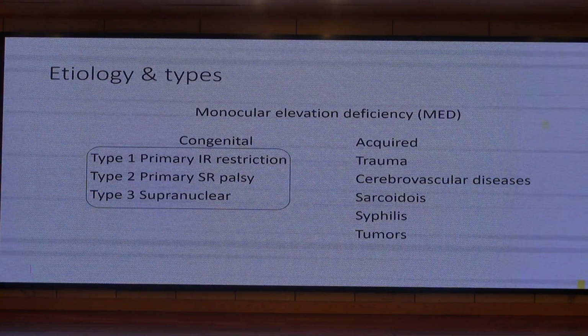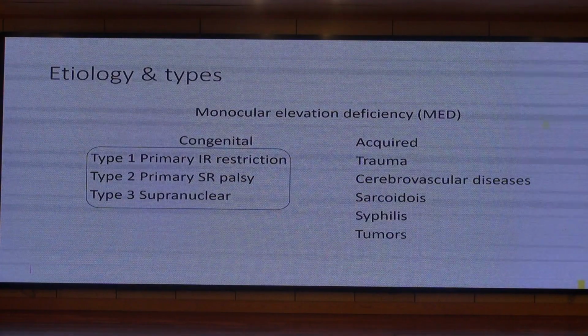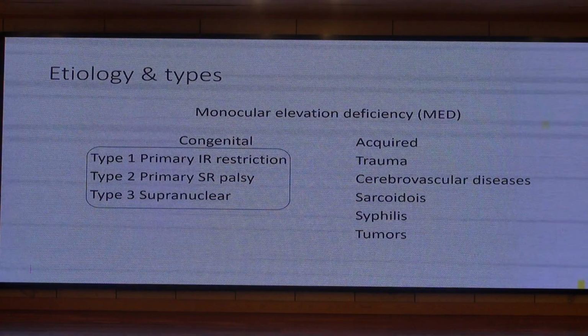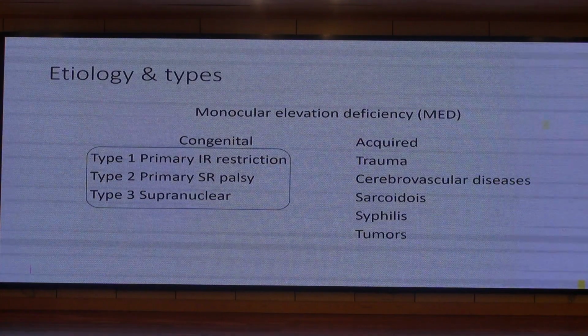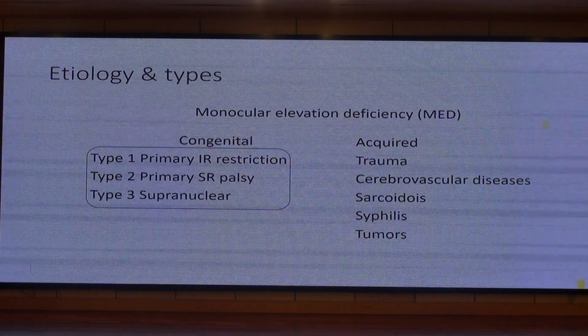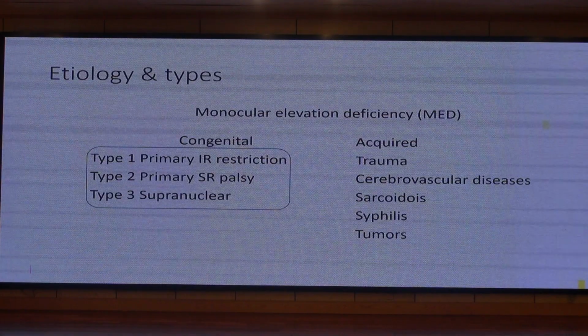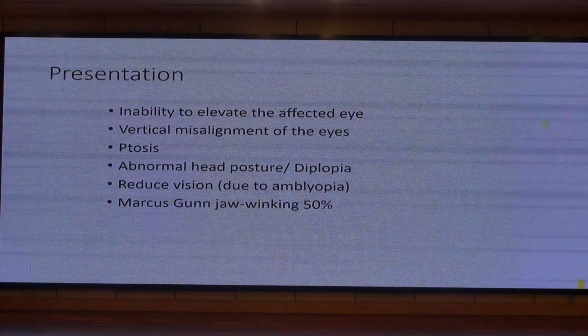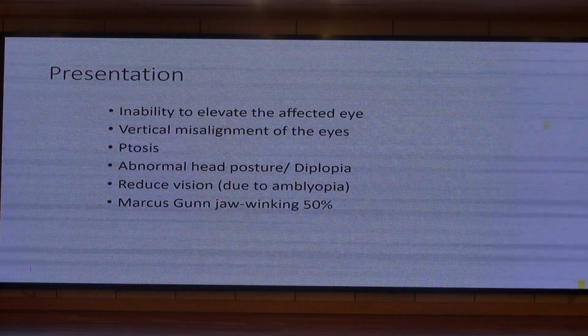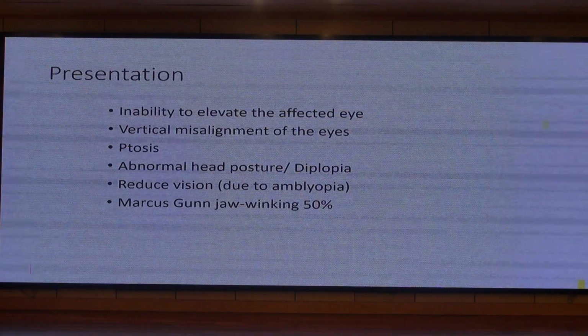Acquired cases are usually caused by trauma, cerebrovascular disease, hypertension, thromboembolism, sarcoidosis, syphilis, or tumor. Patients can present with the following complaints. Firstly, they cannot look up in all positions.